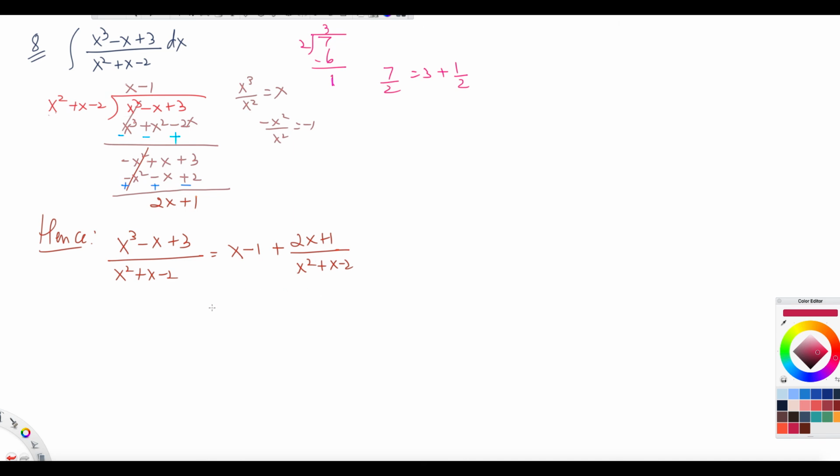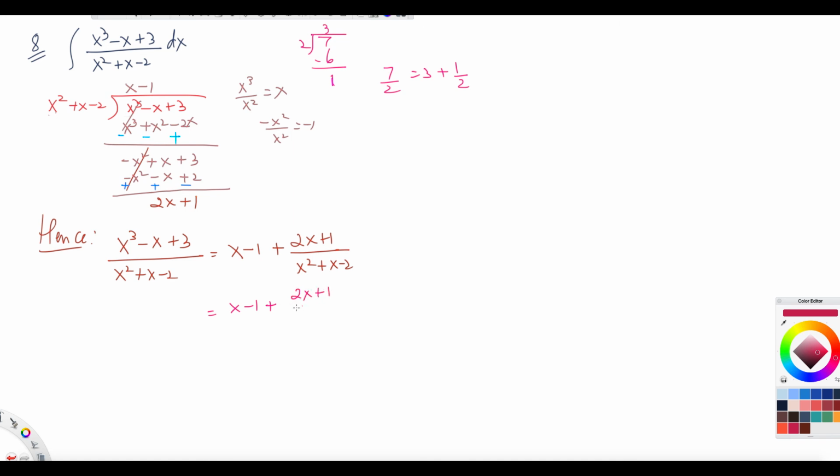Now what I want to do is write x minus 1, plus the partial fraction for this. So I want to write plus 2x plus 1 over the factors of the denominator.